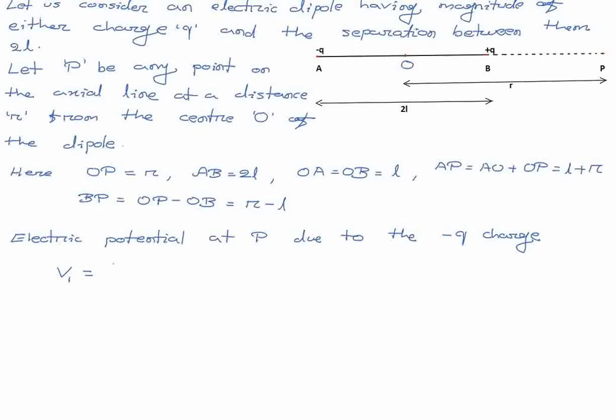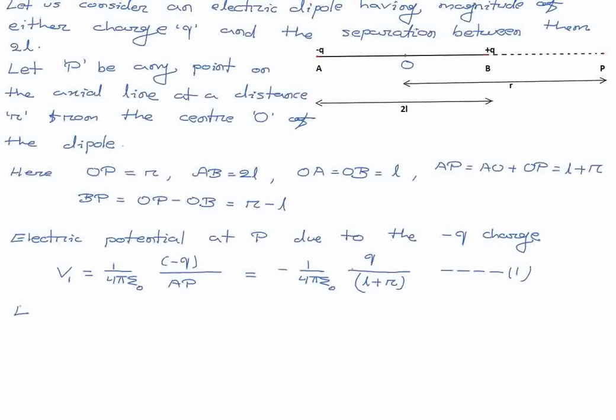So this is equal to 1 by 4 pi epsilon naught, here the charge is minus Q, divided by distance of the charge minus Q from the observation point P, that is AP. So this can be written as minus 1 by 4 pi epsilon naught Q divided by AP, which is L plus r. Write this as equation number 1.